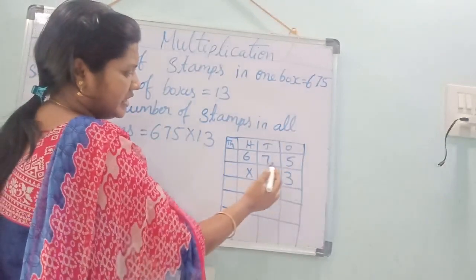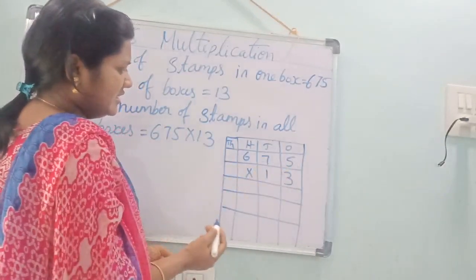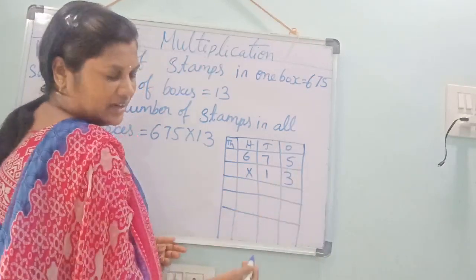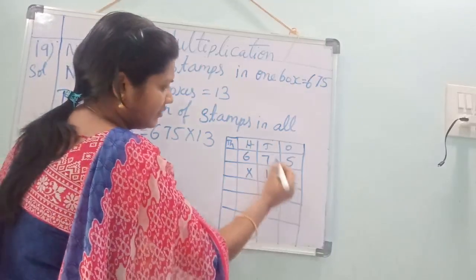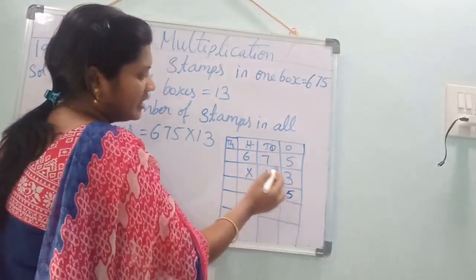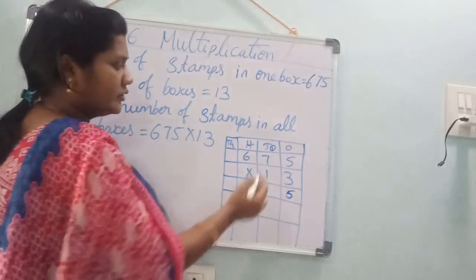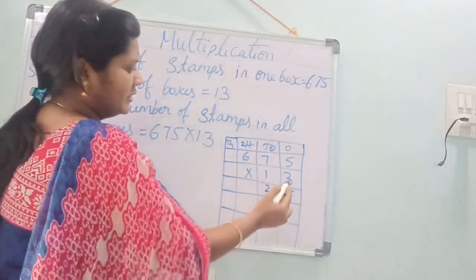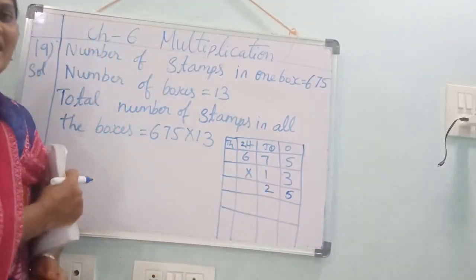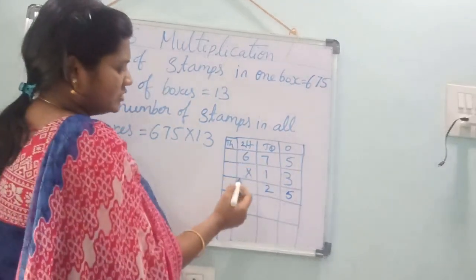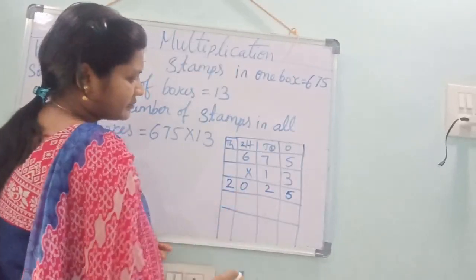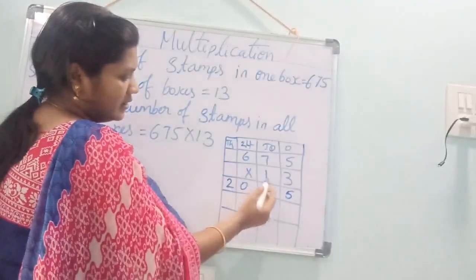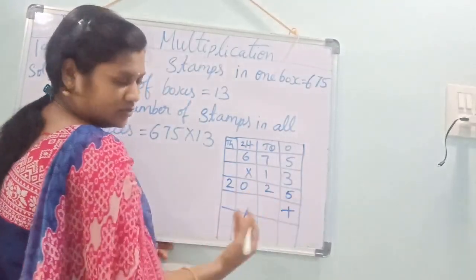You should multiply these numbers by 3. 3 fives are 15, 5 here, 1 carry forward. 3 sevens are 21, 21 plus 1, 22. 2 here, 2 carry forward. 3 sixes are 18, 18 plus 2, 20. Again, plus, because the ones place is over.